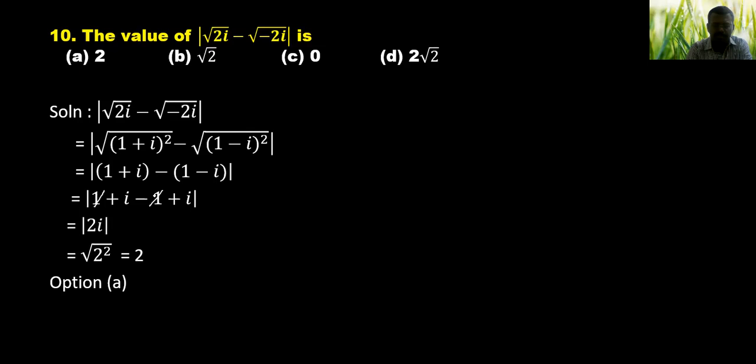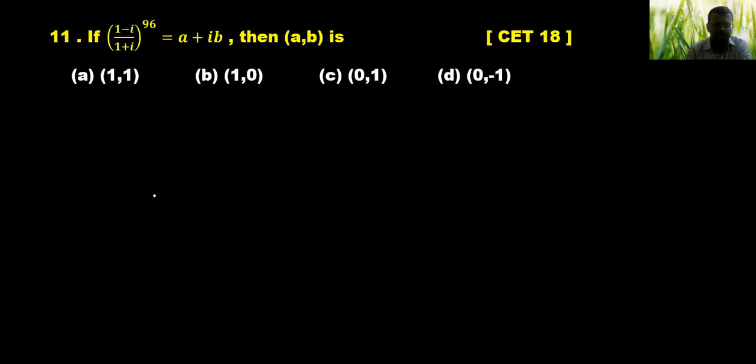So we move to the next question, question number 11. This appeared in the 2018 paper. If ((1 minus i) by (1 plus i))^96 equals a plus ib, then a comma b is. I already gave the shortcut: (1 minus i) by (1 plus i) is minus i. So i or minus i to the power of a multiple of 4 is 1. That we have to remember.